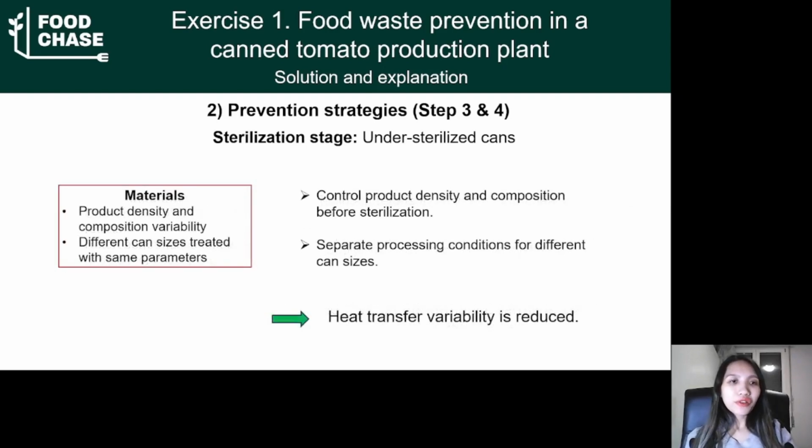For the material category, we can control product density and composition before sterilization and separate the processing conditions for different can sizes and different products. In this solution, heat transfer variability is reduced.